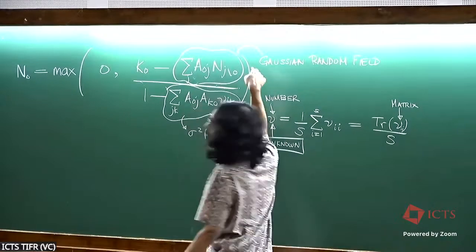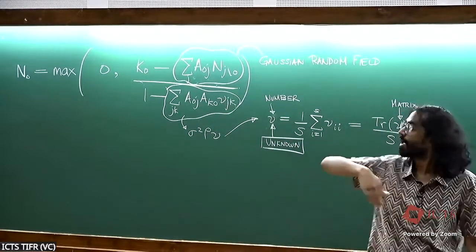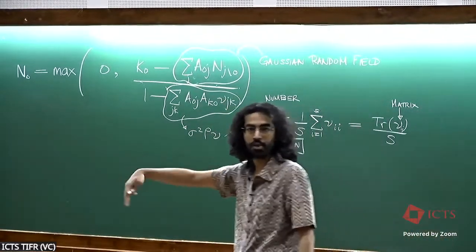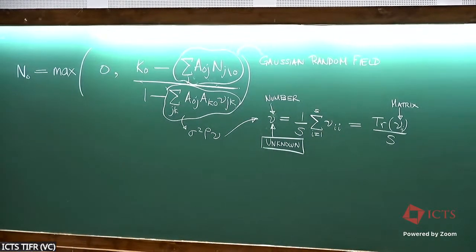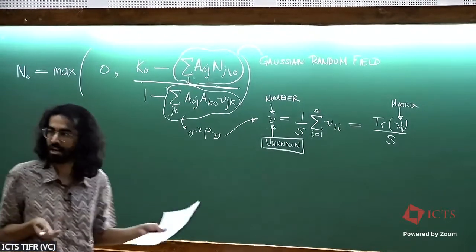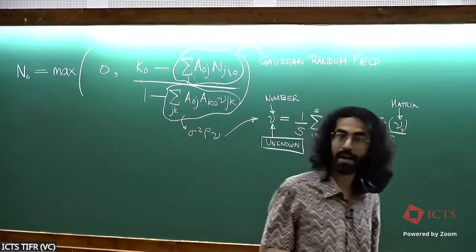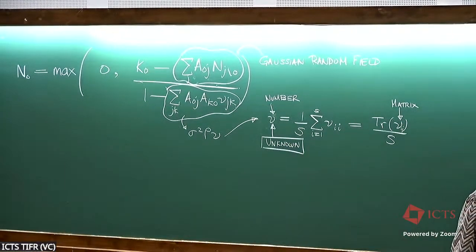And this is a sum over many, many things, right? So this is like A01 N1 without zero, plus A02 N2 without zero, plus A03 N3 without zero, and so on and so forth. And if N1 without zero, N2 without zero, N3 without zero, all of these abundances of different species, are weakly correlated or uncorrelated with each other, then you would expect that these are IID random variables.